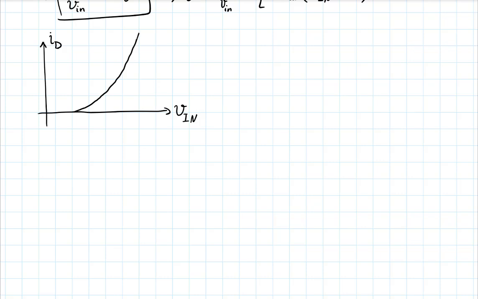All we are saying graphically becomes this. Now consider this. If I say my V in is this, okay? Which then gives me this value of current. Now let's call this capital V capital N, my bias point.